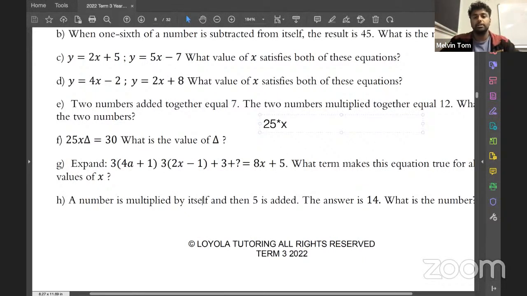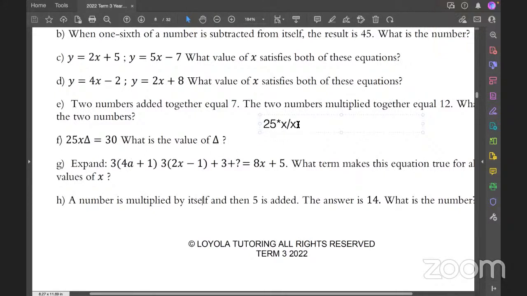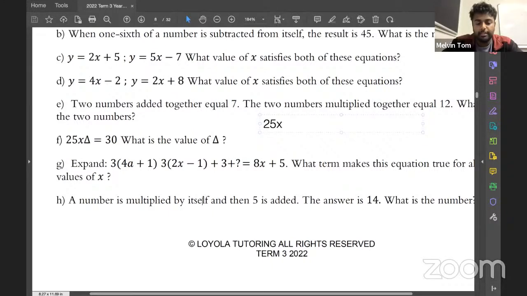To fight evil, you use good. To fight multiplication, you use division. So if it's multiplying by x, you have to divide by x. And then how does 25 turn to 30? You divide by 5 and then you multiply by 6. Good. So basically 25x, and if you divide by 5 and multiply by 6, you do 6 over 5x.